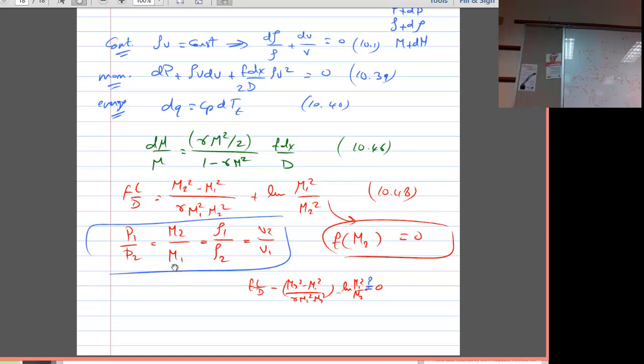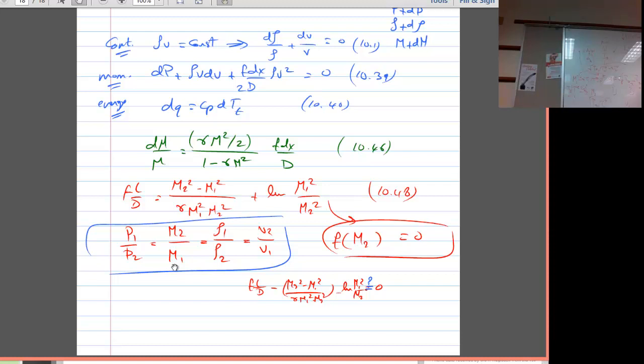The V over V is the same as rho over rho, or actually the opposite. Why are V and rho related like this? Inverse. Why are they inverse, right? Why is rho 1 over rho 2 equal to V2 over V1? Flow rate is the same. Rho V is constant. That's why rho over rho is V over V. Rho 1 over rho 2 is V2 over V1 because rho V is constant in a duct, this constant area duct.